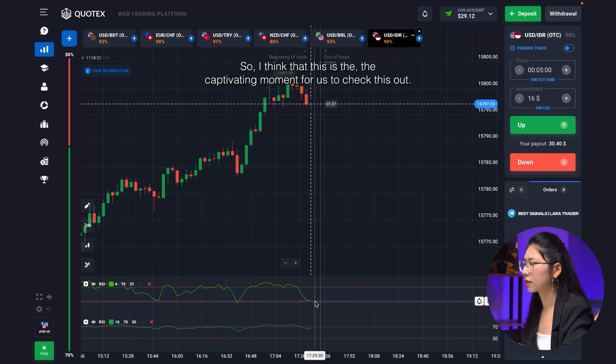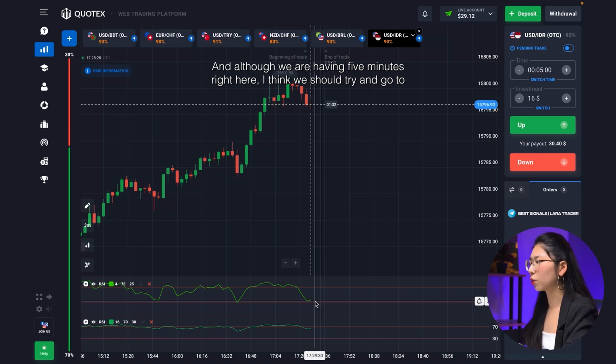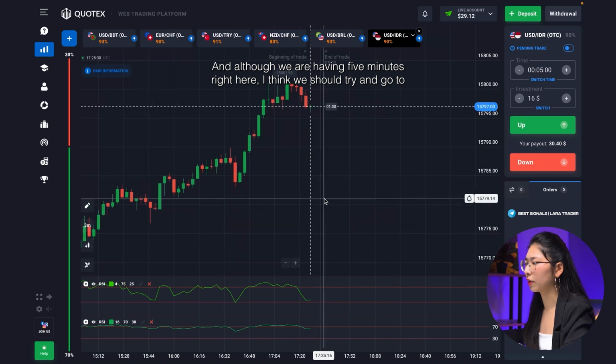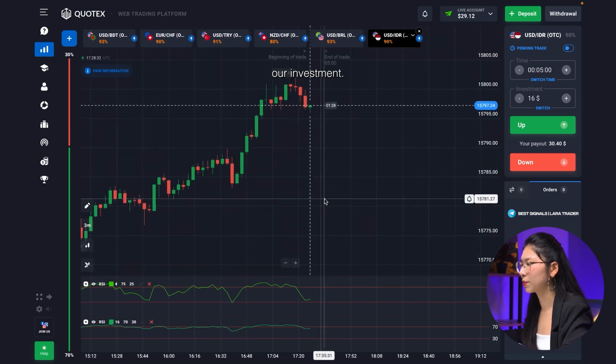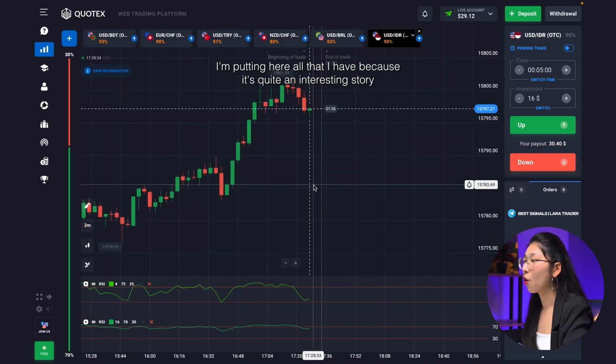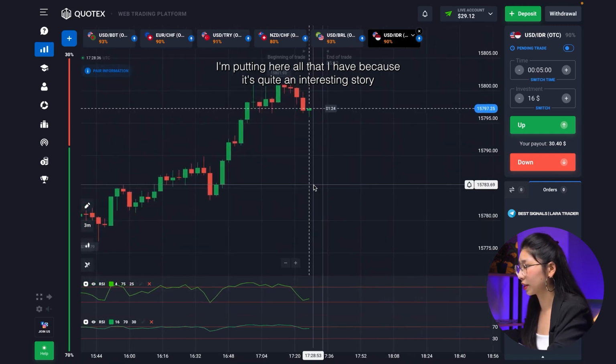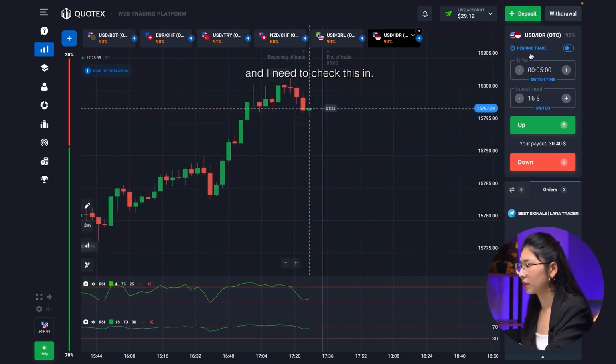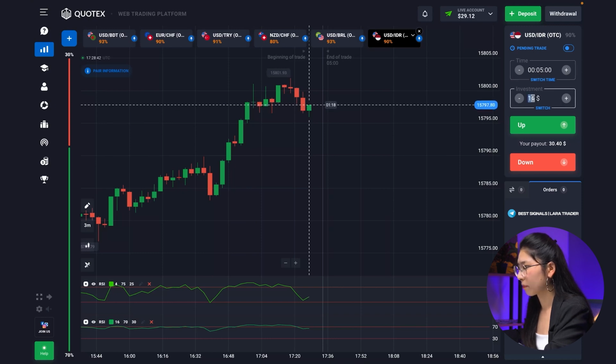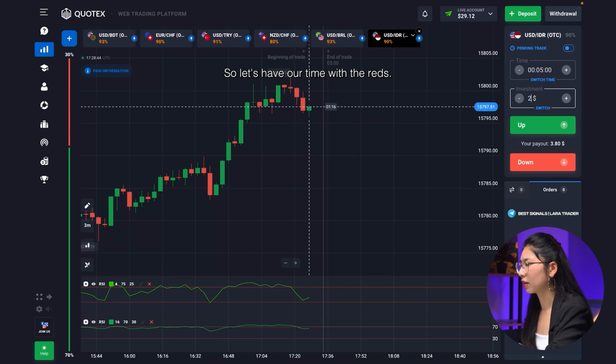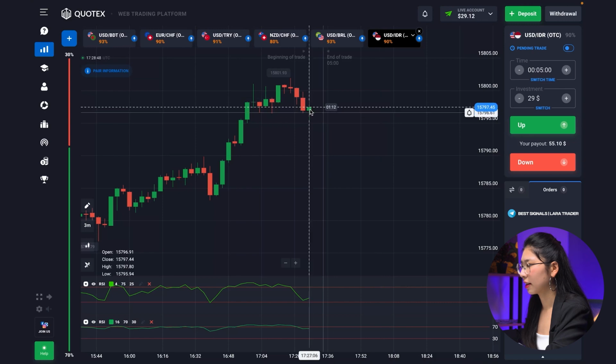So I think that this is a captivating moment for us to check this out. And although we're having 5 minutes are here, I think we should try and go to investment. I'm putting here all that I have because it's quite interesting story and to check this in. So let's have our time with the reds, and let's go.